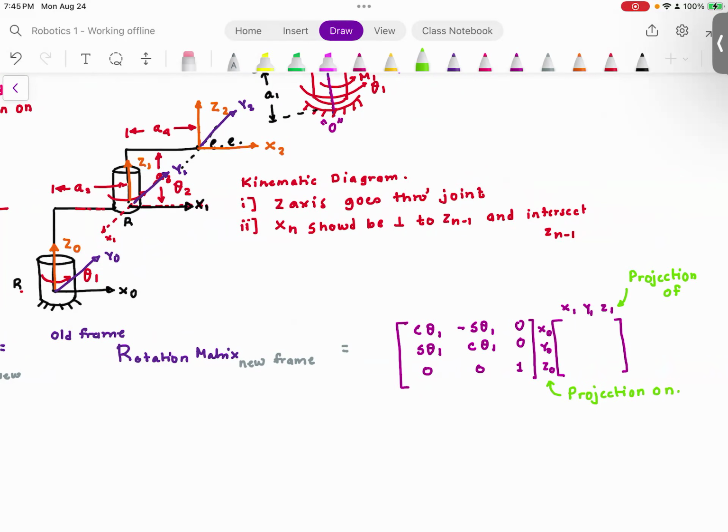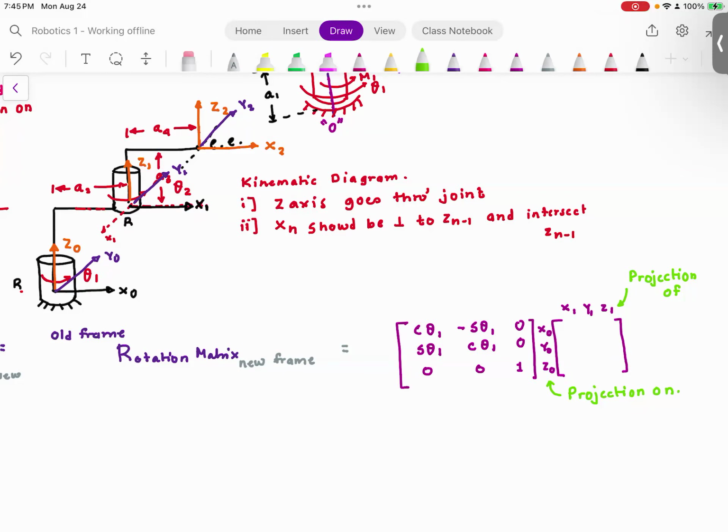Now I want you to pay close attention to the figure on the top. Can everyone locate where is x1, where is y1, and where is z1? Can you see x1 is in the horizontal direction, z1 is in the vertical direction, and y1 is perpendicular to z1 and x1? Do you agree with me?